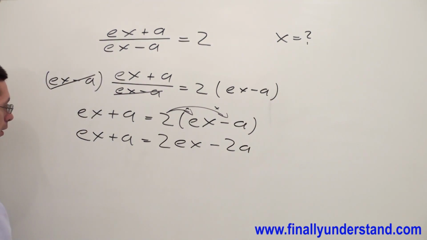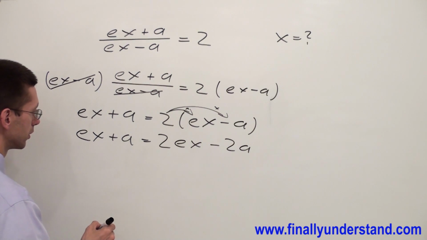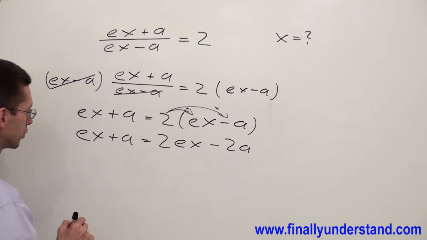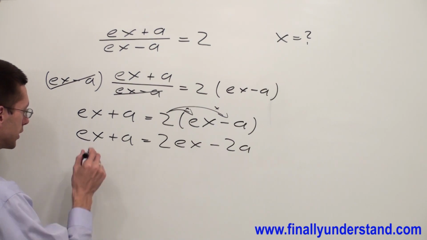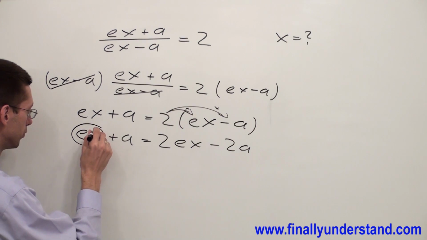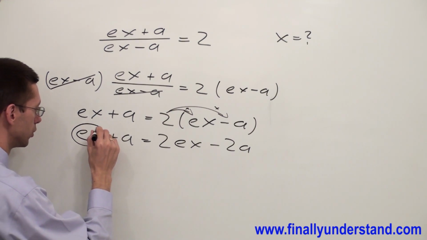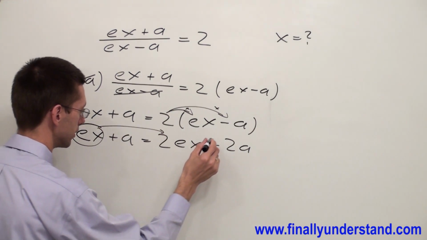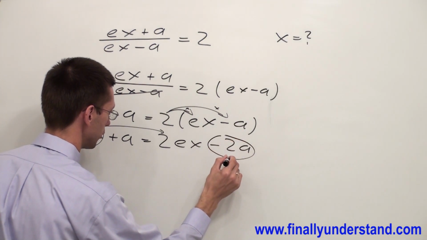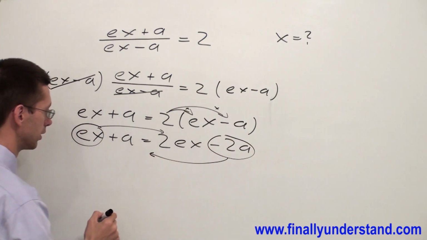Next, I'm going to collect all terms which contain x on one side. Okay? In order to avoid the negative signs, I'm going to move this ex to this side. And because this one is negative, I'm going to move this one to the left.